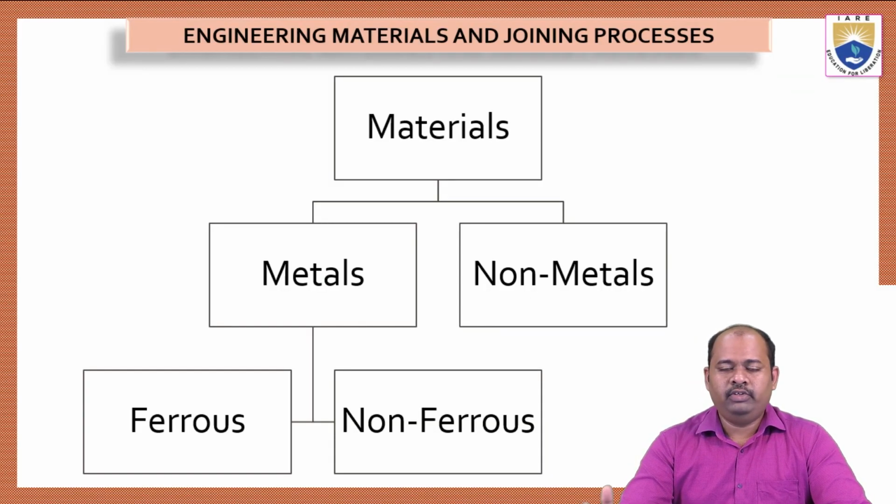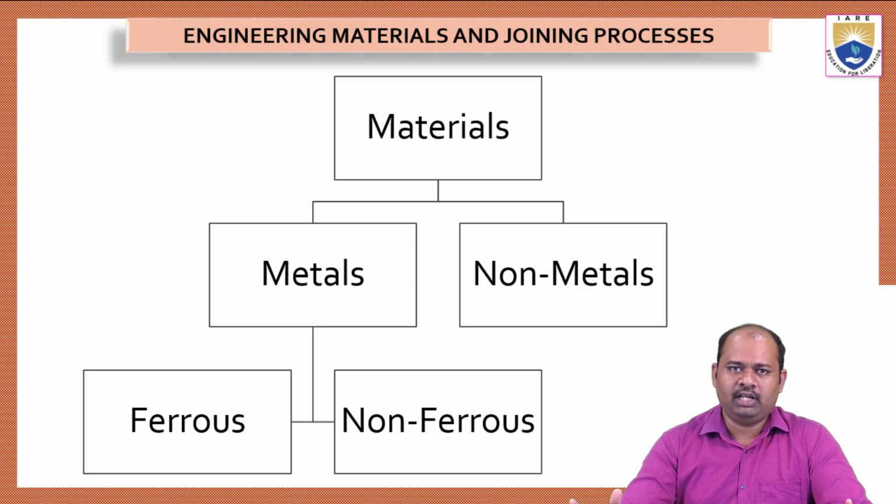Now, if we see broadly, the materials are divided into two types from the perspective of an engineer. They are metals and non-metals. We have different types of materials available in nature. Some are available naturally and some are manufactured according to our need.